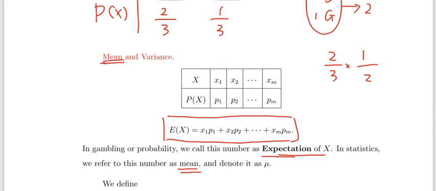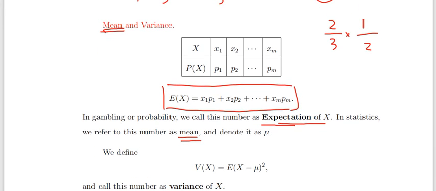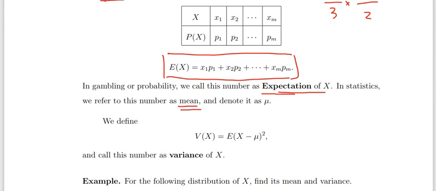Okay. So from such a table, we also can define another important number. We call this variance. Variance, this word comes from vary, means change.